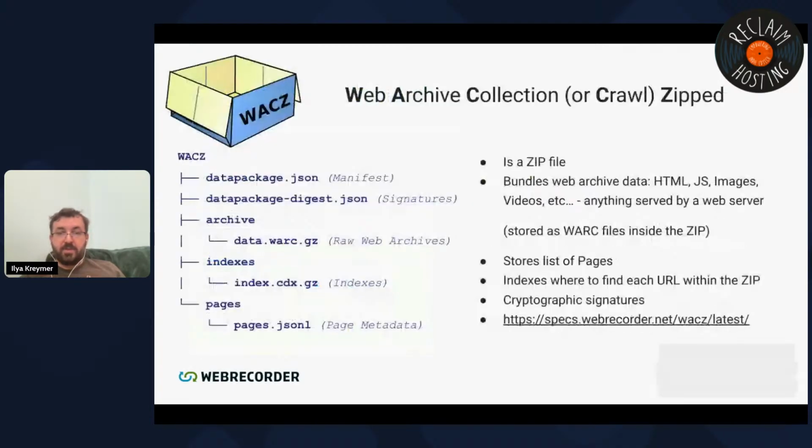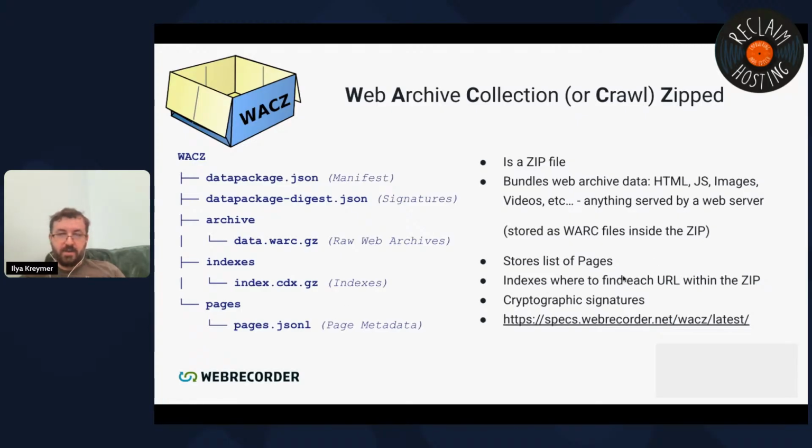And so a little bit about the WACZ format. It is basically a zip file. As a quick overview of the structure, it contains all of the elements of the page: HTML, JavaScript, images, and that's also bundled into another format called WARC, which is an ISO standard used in web archiving. It has a list of pages in a JSONL file.